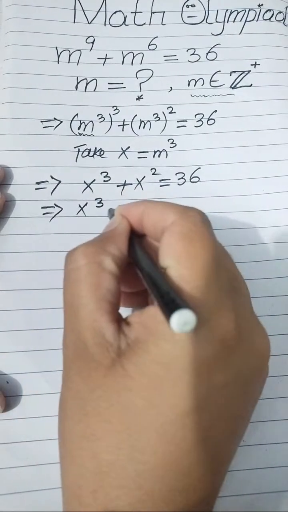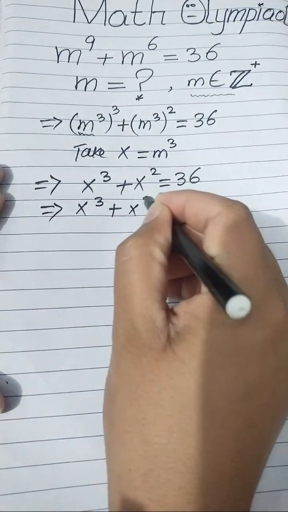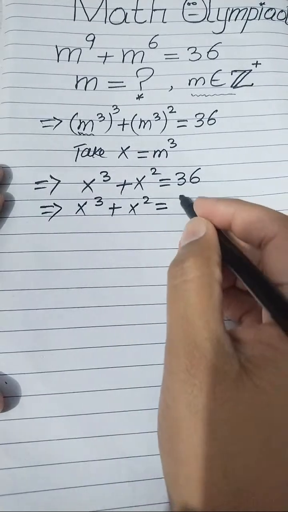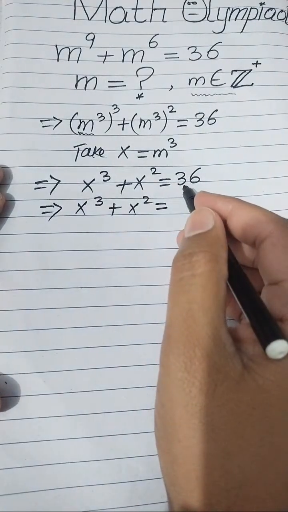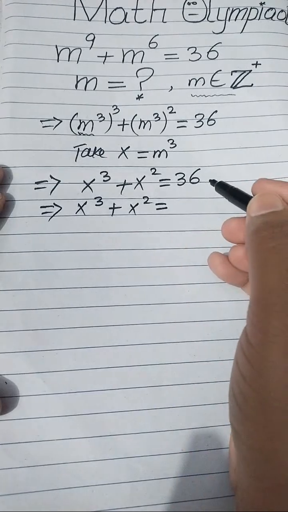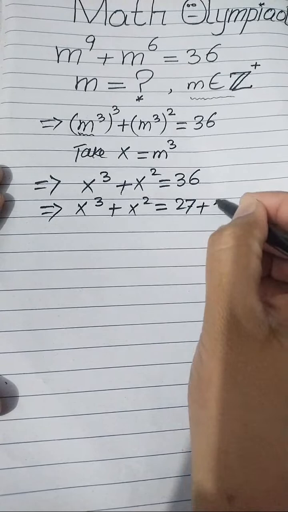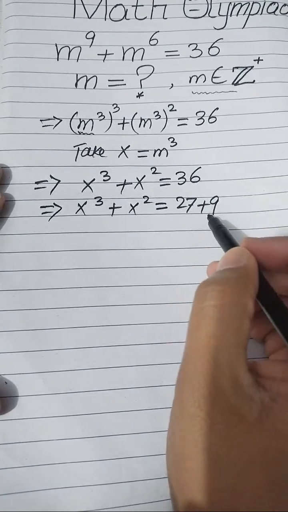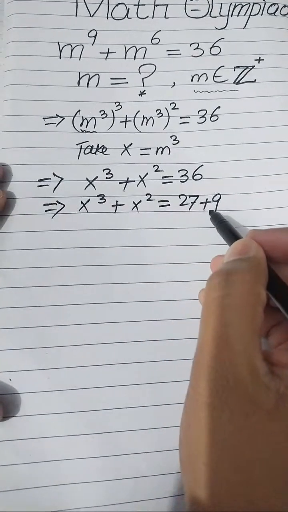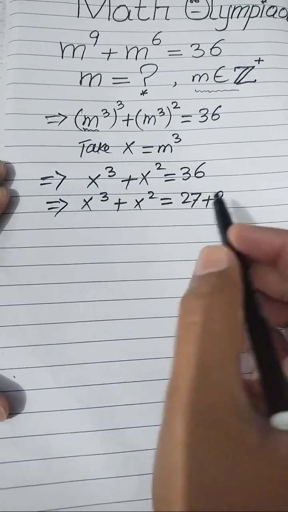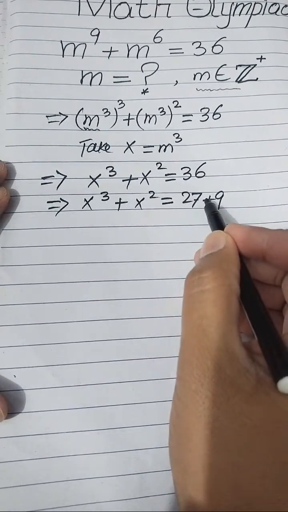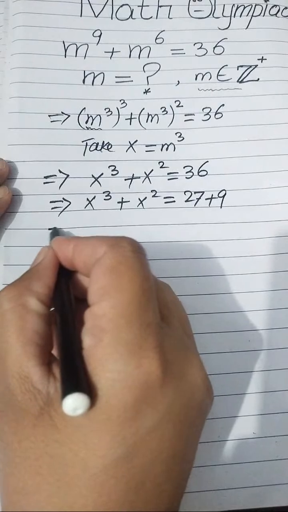After that we focus on the right hand side, where we have 36, and we can write this 36 as 27 plus 9. You know that 27 plus 9 is equal to 36. Now we move all the terms to the left hand side.